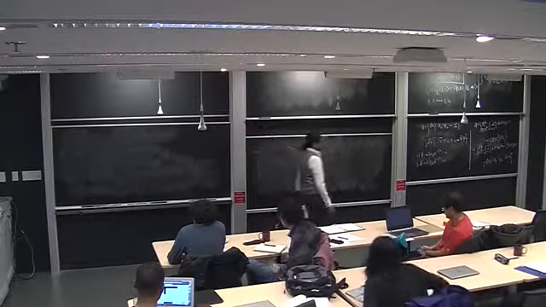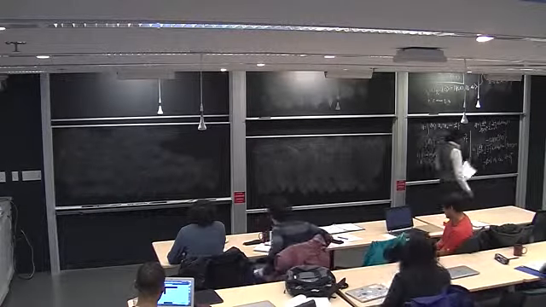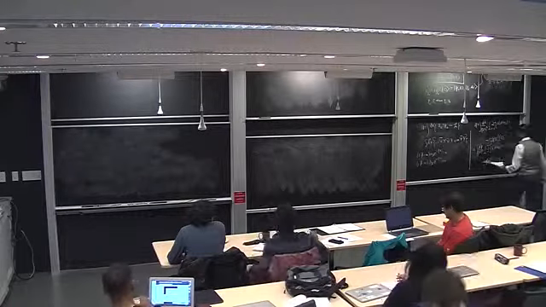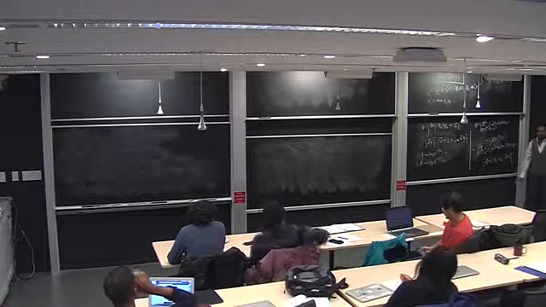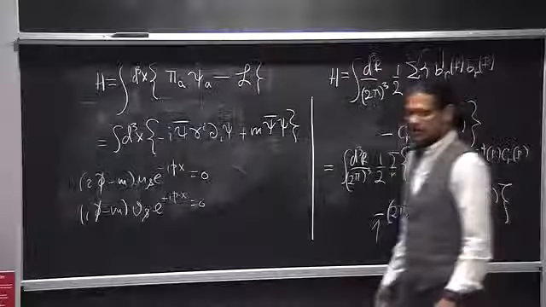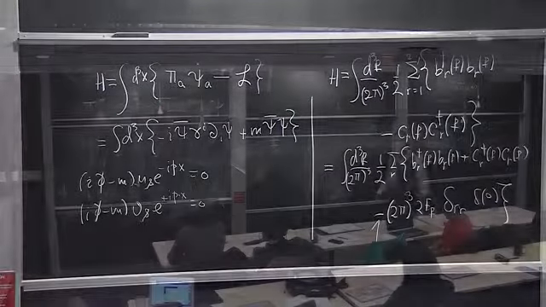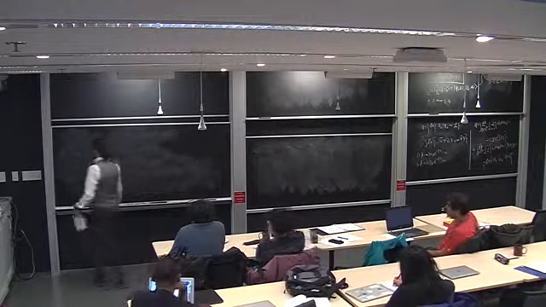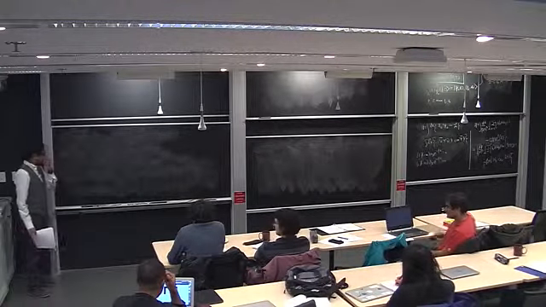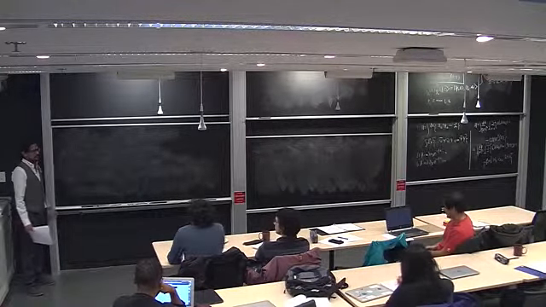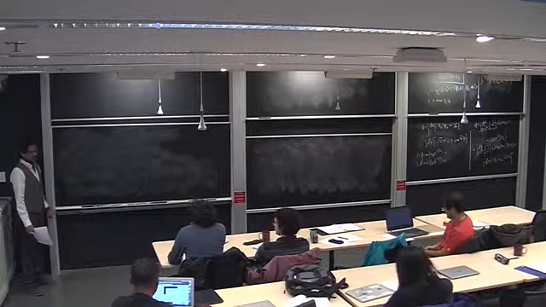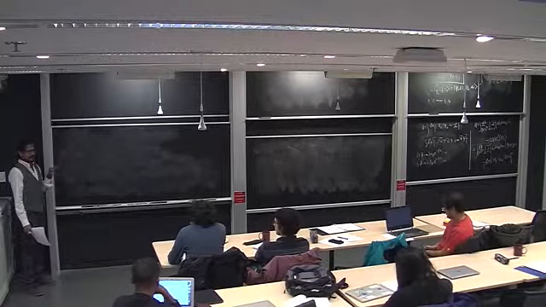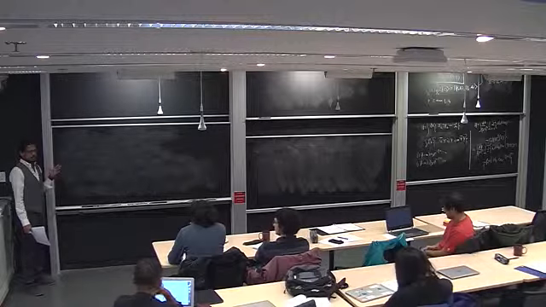So the traditional way of getting rid of this zero-point energy is to do what is known as normal ordering of your operators. So you just subtract it, essentially. Because we're dealing with quantum field theory on flat space-time, we can do that. In curved space-time, this is not very straightforward.